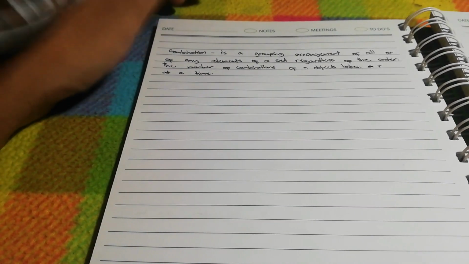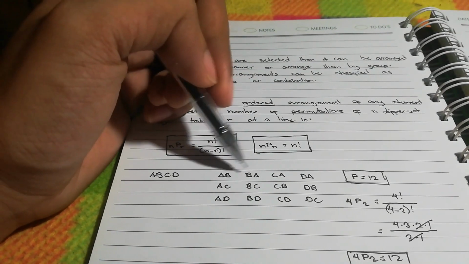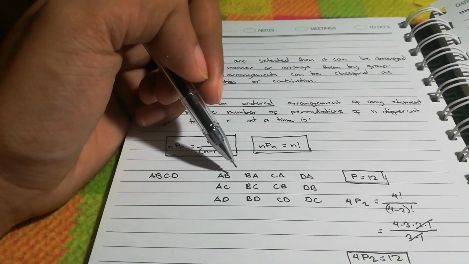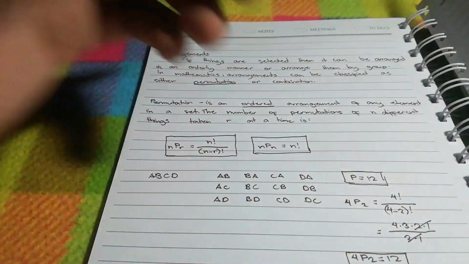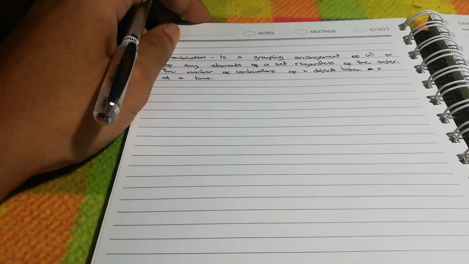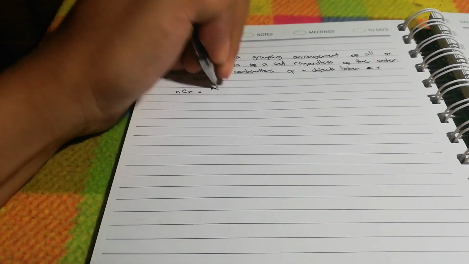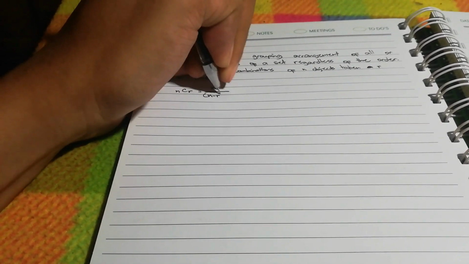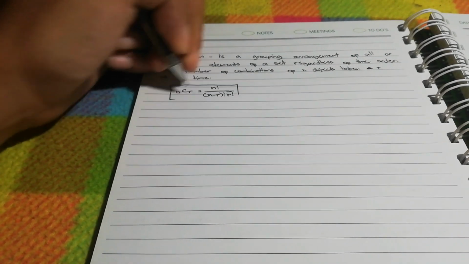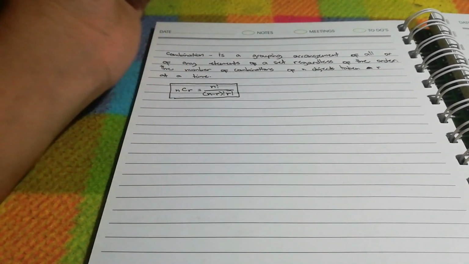I already mentioned earlier the difference between combination and permutation. AB and BA in permutation are considered different, but in combination they are considered the same. So we have a formula: the same as earlier, n factorial, but with n minus r factorial added.